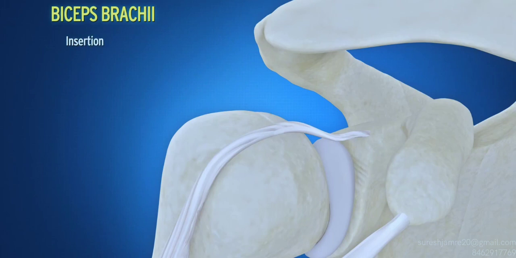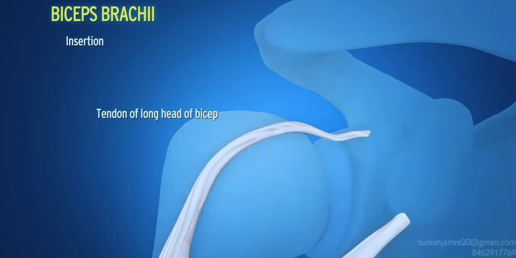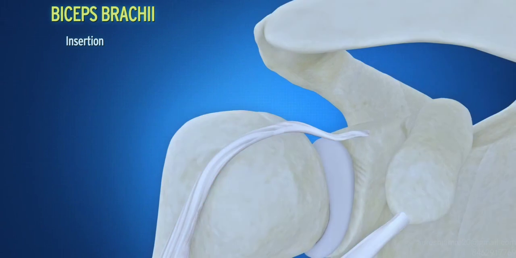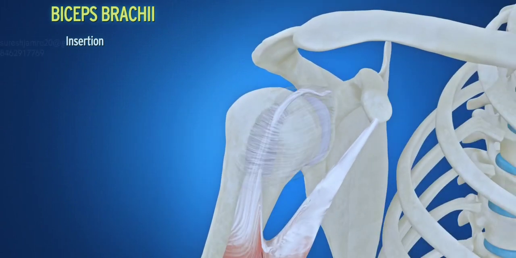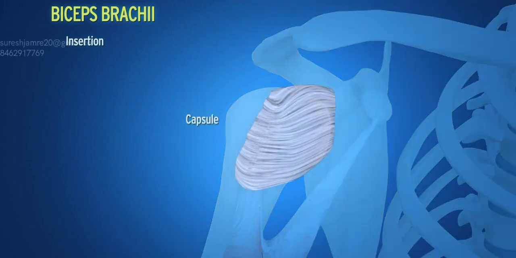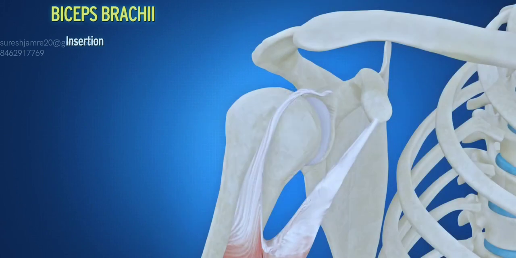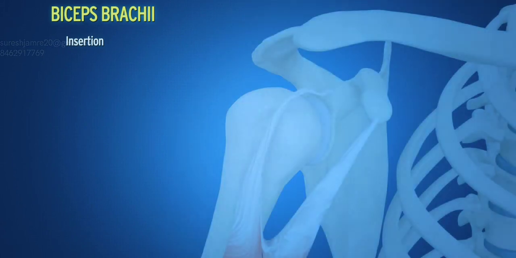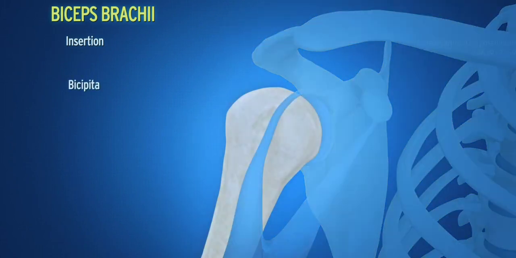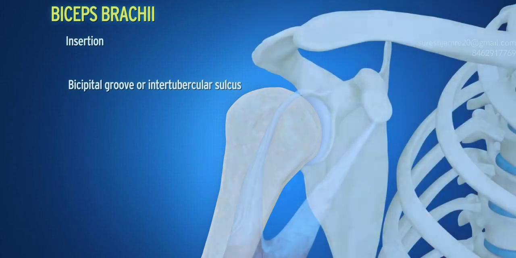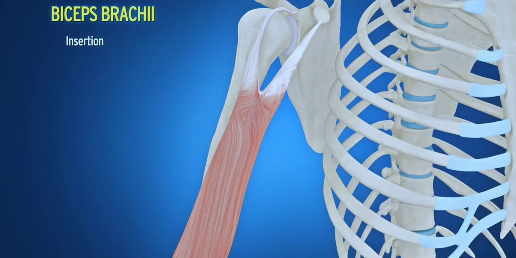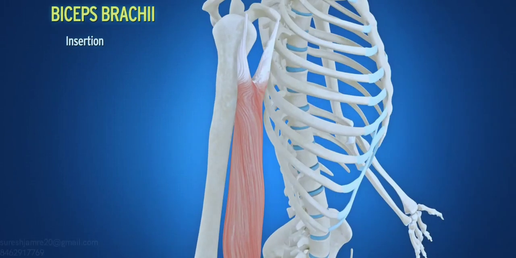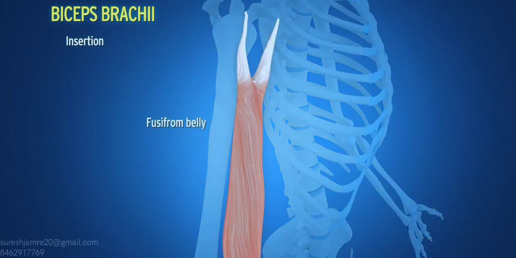Insertion. The tendon of long head of biceps brachii pierces the capsule of the shoulder joint, passes beneath the transverse humeral ligament to enter the bicipital groove or intertubercular sulcus. It unites with the short head, forms a fusiform belly.